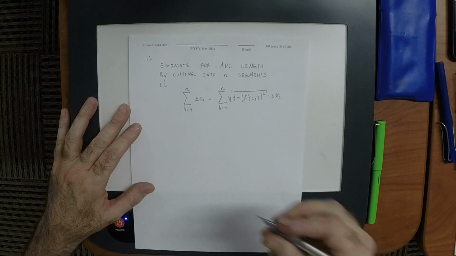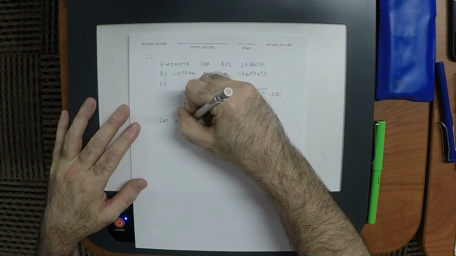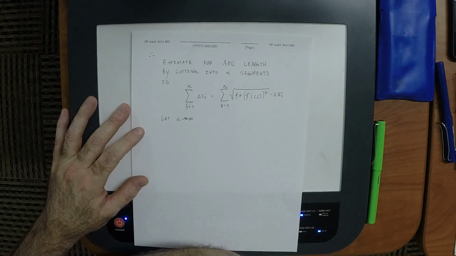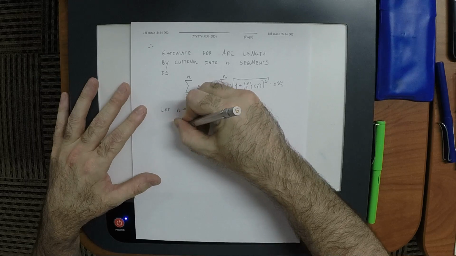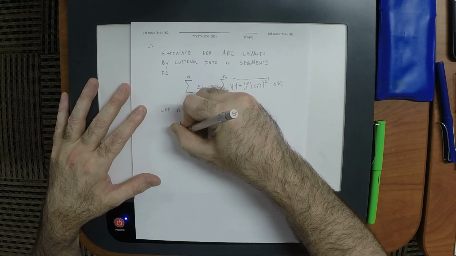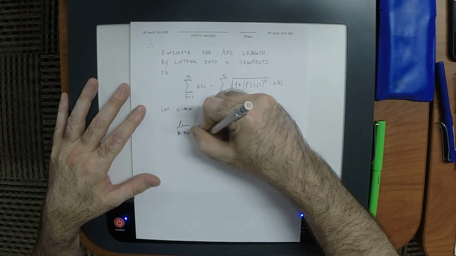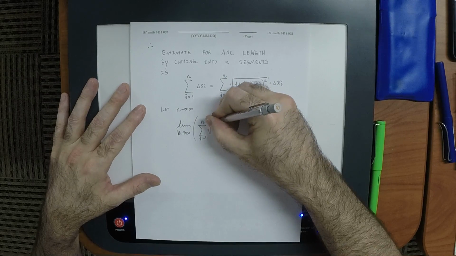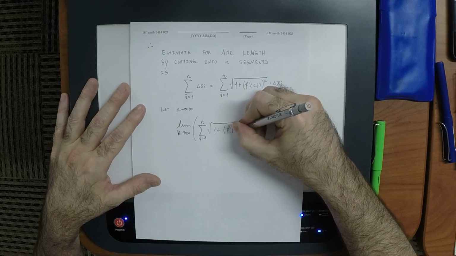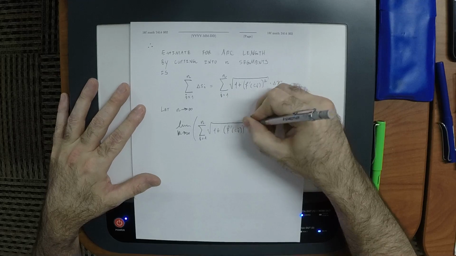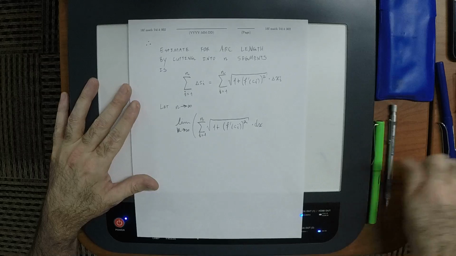And then the calculus point of view is to say that, well, let's let the number of segments become infinite. So the limit as n goes to infinity of the summation from i equals 1 to n of the square root of 1 plus the derivative at ci squared, times dx, not dx, delta xi.